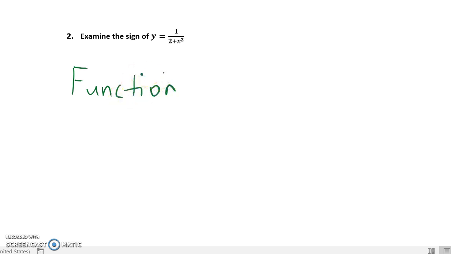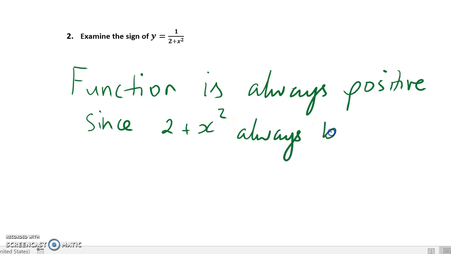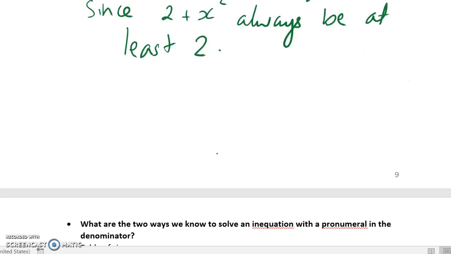You can just write that the function is always positive, since 2 plus x squared will always be at least 2. Okay, so you don't need a table for that one.